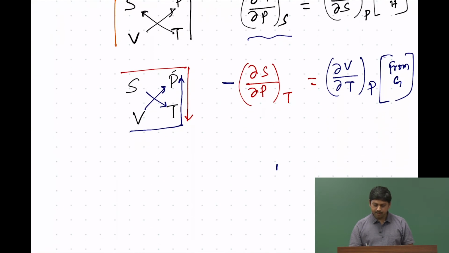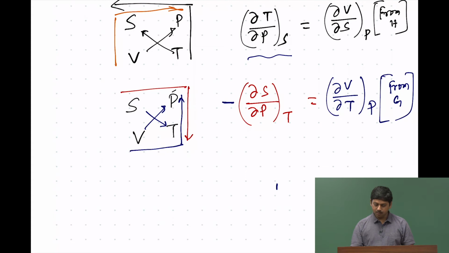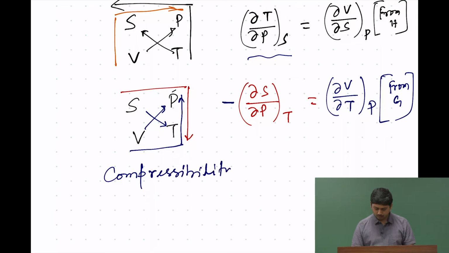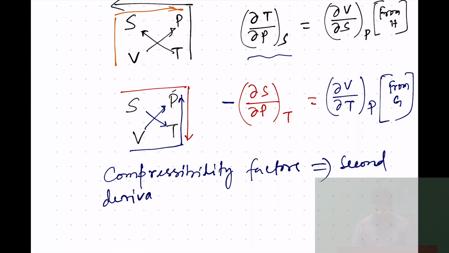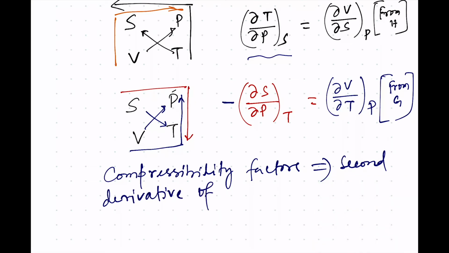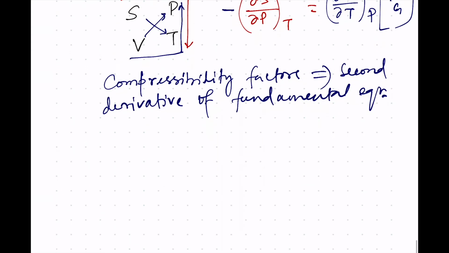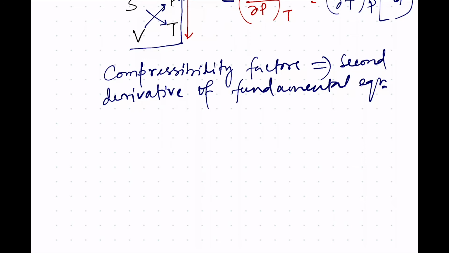So, there are some quantities which are easy to measure, and they are in general called compressibility factors. And they are second derivatives of the fundamental equation. For example, these are the three quantities.